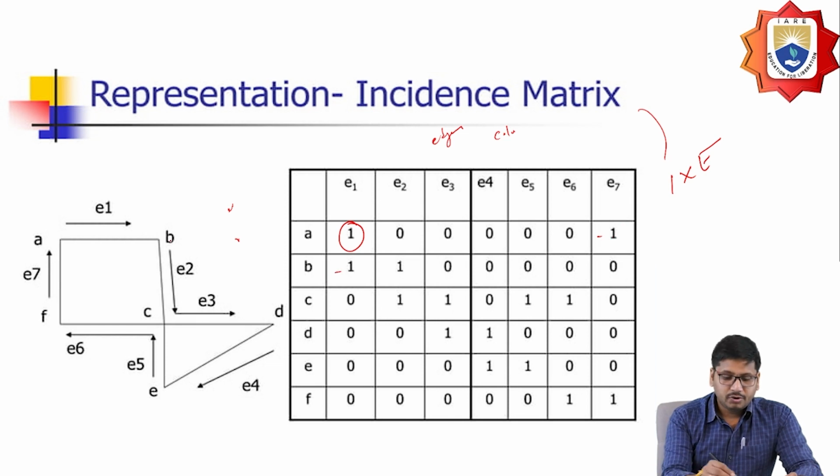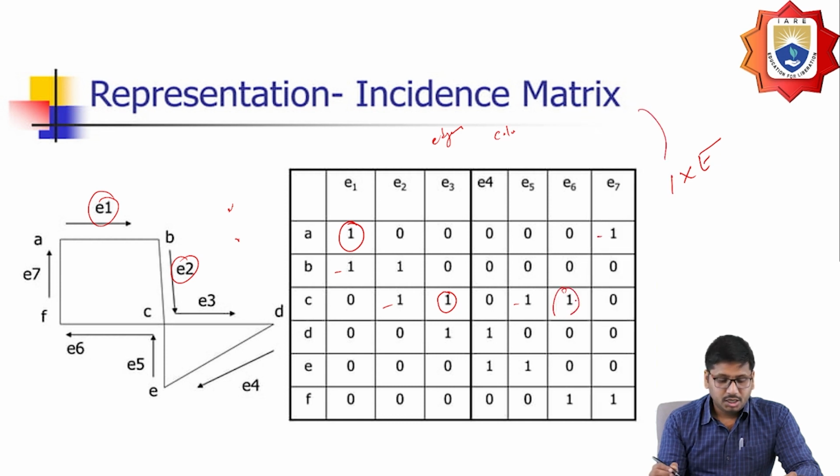Similarly for B, E1 is incoming and E2 is outgoing, that's why it should be -1 and then 1. And for C, E3 should be leaving, E2 is coming, and E5 is also an incoming edge, and E6 is leaving.